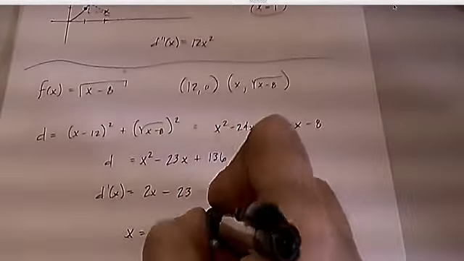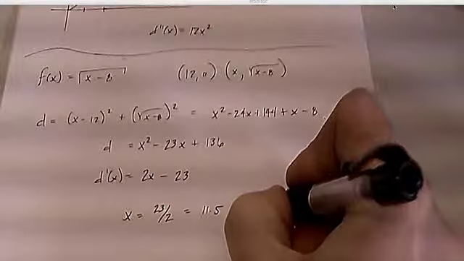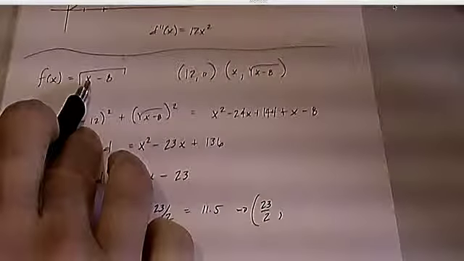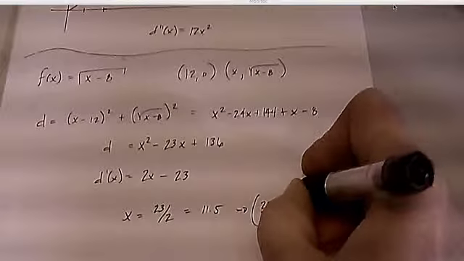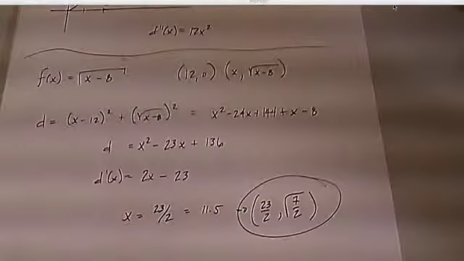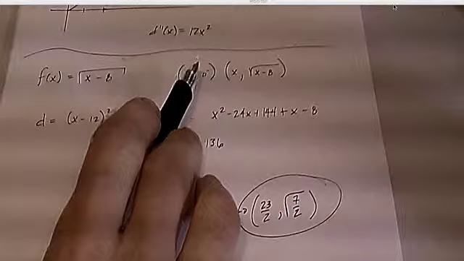And of course that's 11.5. So 11.5, or 23 halves, comma, if I plug in to here, that winds up being root 3.5, or root 7 halves. That is the ordered pair on that curve which is closest to (12, 0).